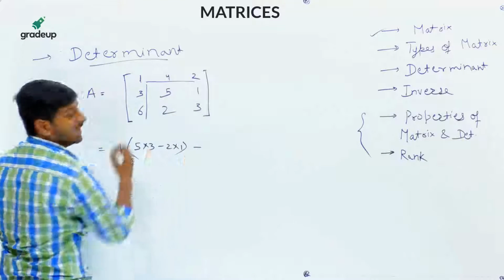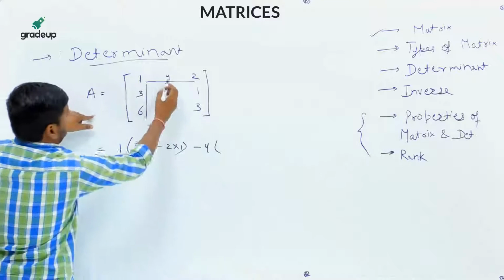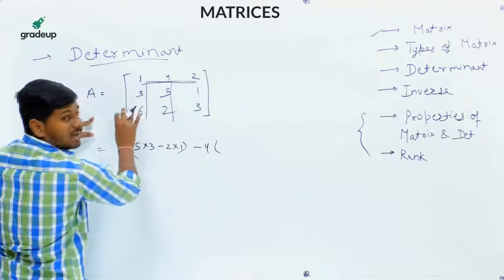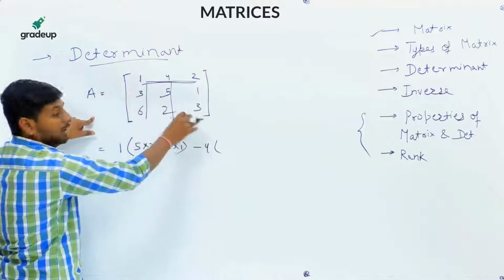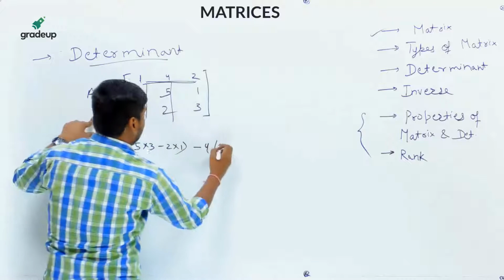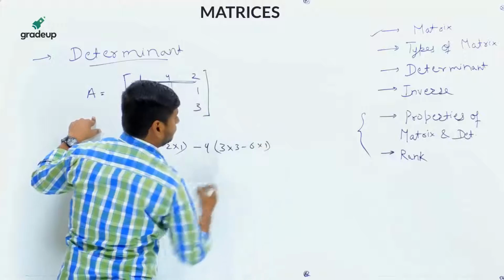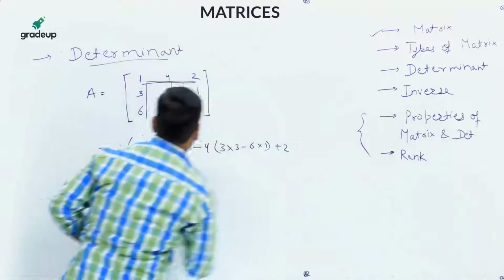minus the second element 4 into, remove this row and this column. We are left with 3, 1, 6 and 3. Now determine the determinant of this matrix. So 3 into 3 minus 6 into 1. Now take the third element 2 plus 2.